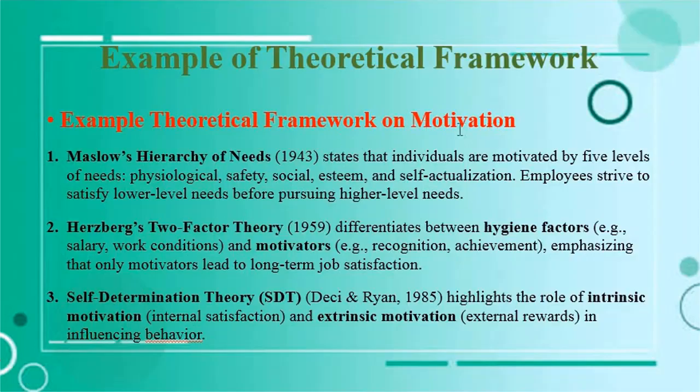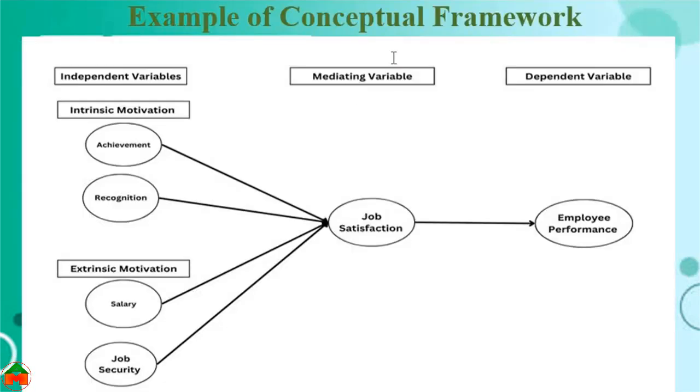In the theoretical framework, we show the previous theories, existing theories. On the other hand, in the conceptual framework, we show or visualize our theory, your own model. As you can see, based on the previous existing theory, you can develop a research model which is known as conceptual framework, such as these are the independent variable.